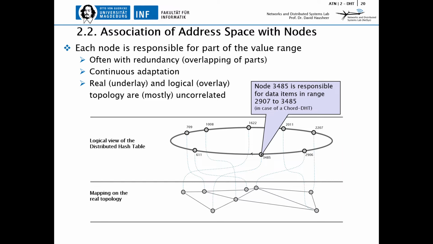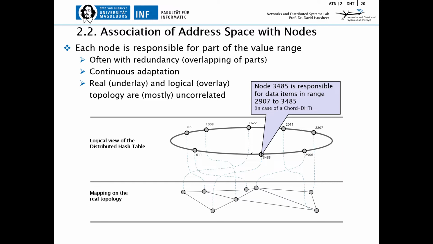Now this happens often with redundancy. That means those parts can actually overlap with each other, so that more than one node is in fact responsible for a particular data item. And as mentioned, this needs to be continuously adapted, because nodes may join and leave the network at any time.